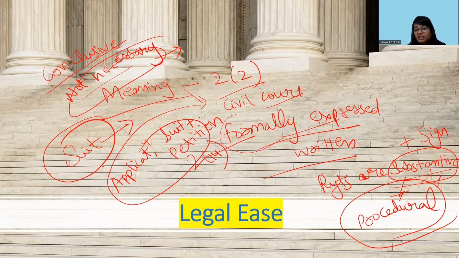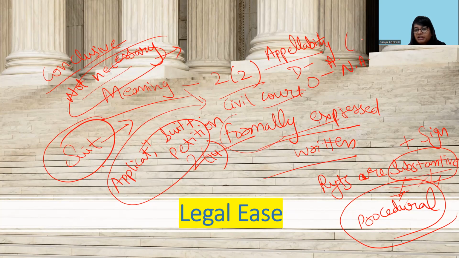The next difference, which is a very important difference, is related to appealability. Appealability is one of the reasons for which the question related to the difference between decree and order comes into the picture. So decrees as a general rule are appealable, but orders as a general rule are not appealable.